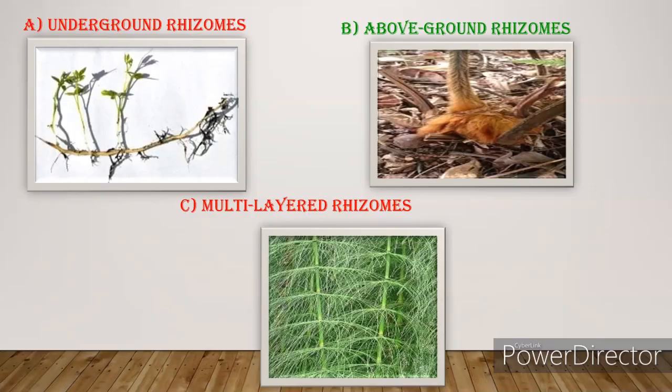In these, the rhizome occurs as a single layer from which the shoots and roots originate. However, there are some plant species which form multiple layers in a complex network. For example, the giant horsetail, you can see in this picture, the multi-layered rhizome.